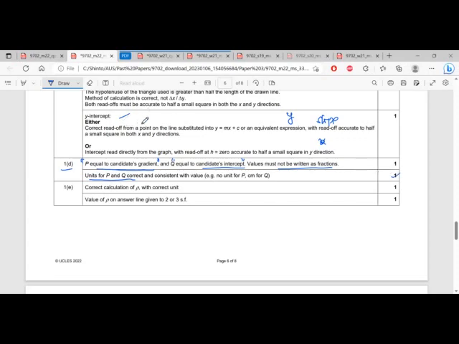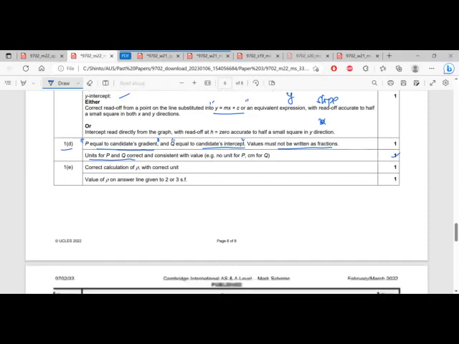One more thing regarding the intercept from the previous sub question. If you're not able to find your y-intercept from the graph, you are allowed to use the equation y equals mx plus c. You take 1 point and use the slope intercept form, and you can find the intercept from the equation.